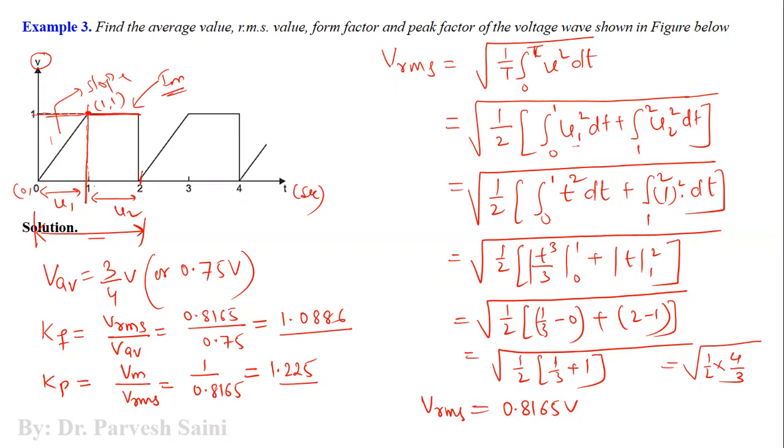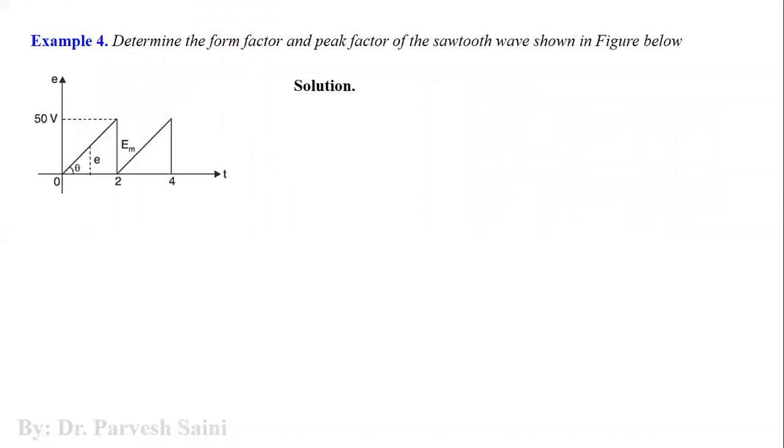Similarly, we have one more type of signal waveform which you can encounter. So it is a sawtooth wave basically, and in this wave also we have to find out the form factor and peak factor.